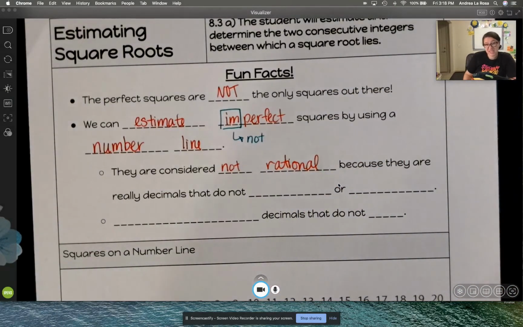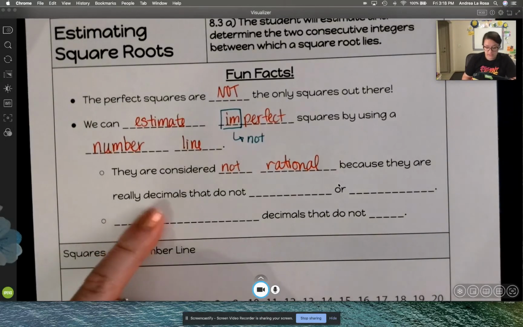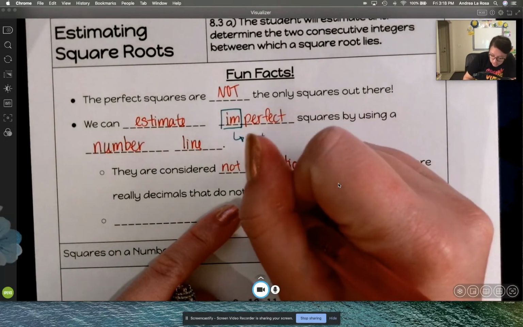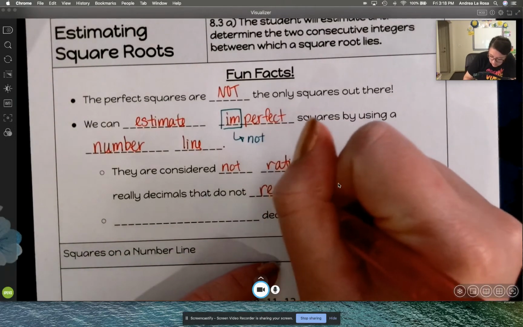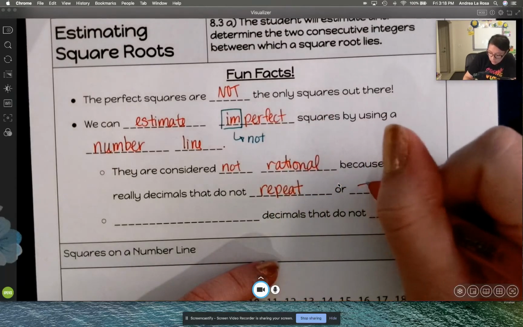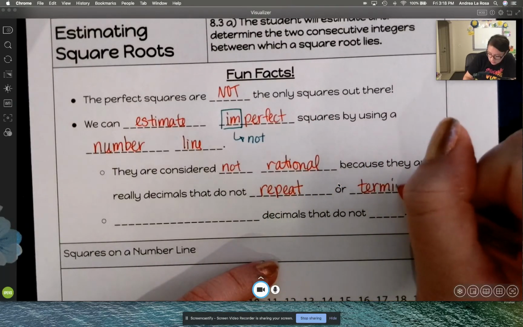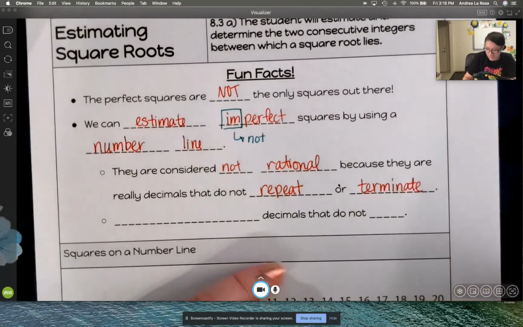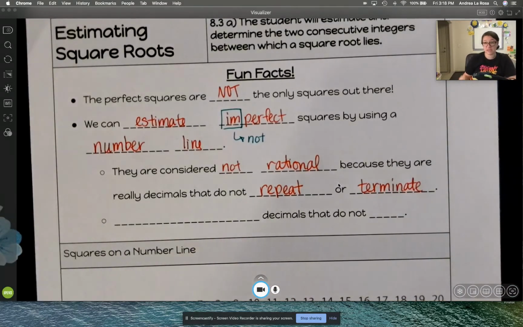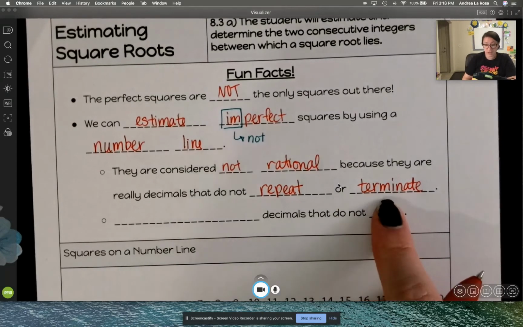because the actual real square root of these numbers are really going to be decimals that do not repeat or terminate. These decimals do not repeat, so it's not going to be the same number over and over again, and they do not terminate.